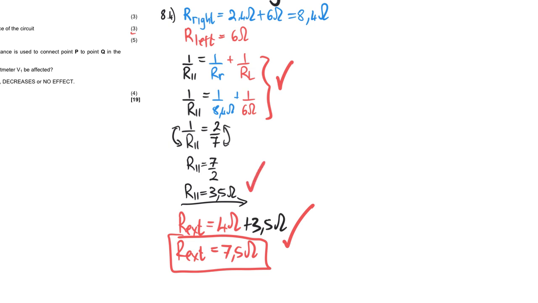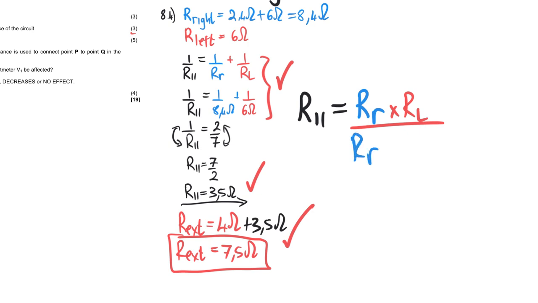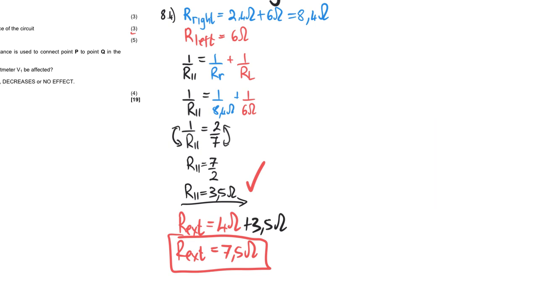When it comes to 2 resistors in parallel, it is acceptable to use this formula. R parallel equals the product of the resistances in parallel, so it would be R right times R left, over the sum of them, R right plus R left. But this is only allowed if you have 2 resistors in parallel.